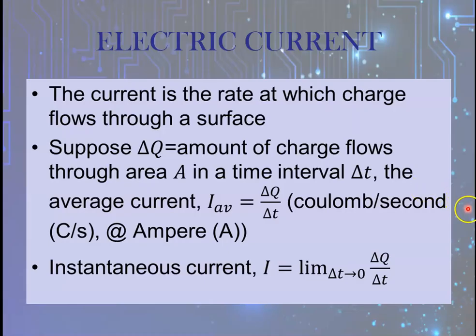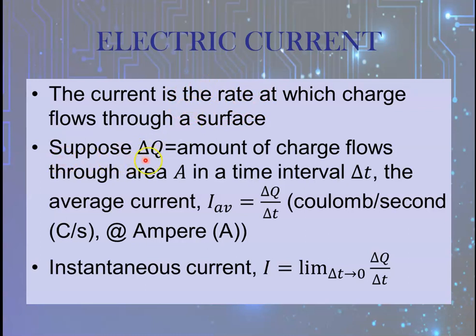So first and foremost, what is electric current? The electric current is defined as the rate at which charge flows through a surface. When we talk about rate, it's supposed to be divided by the time or the difference of time.